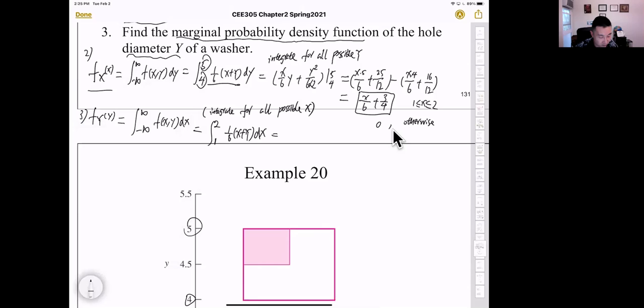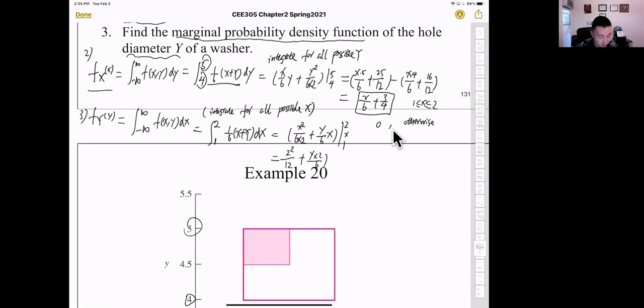So this will become, for all possible x between 1 and 2, we treat y as constant. We plug x equal to 2 here: 2 squared over 2 plus y times x, with x equal to 2.